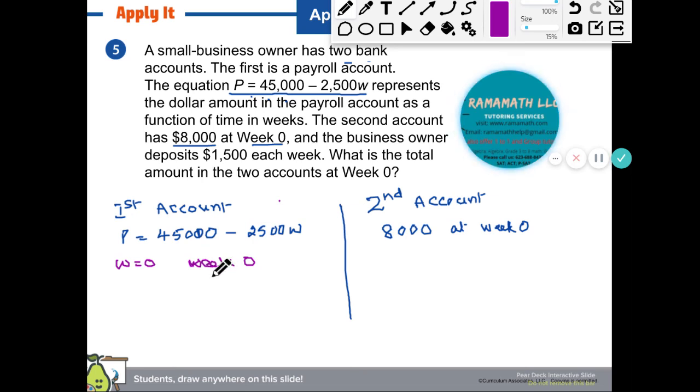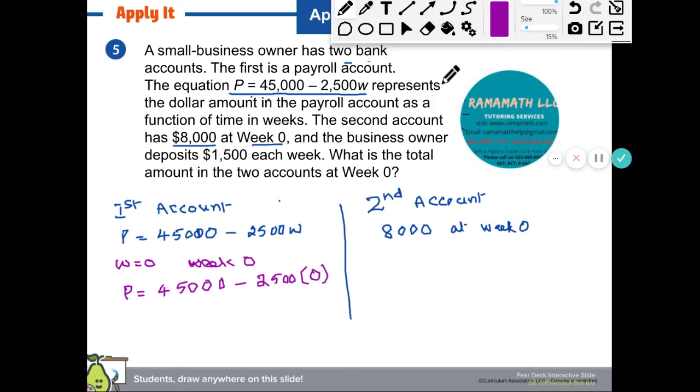Now, if you look at the question, it says, what is the total amount in the 2 accounts at week 0? Now let's put W in this. P equals 45,000 minus 2,500 times 0.